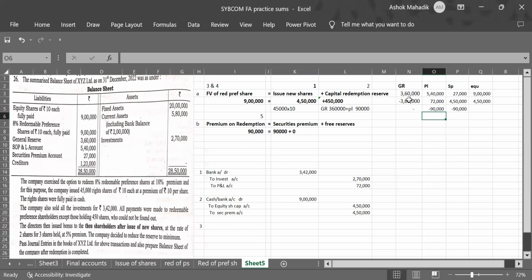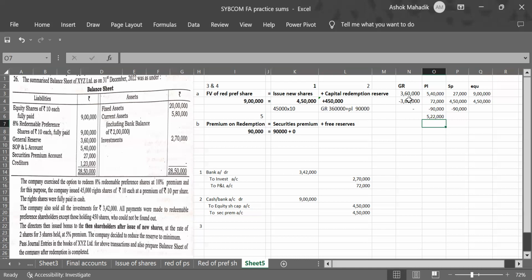As of now, let us calculate the balance. 540 plus 72,000, that was profit made on sale of investment, and minus 90,000 we used for creating CRR. So as of now, my balance in P&L is 5,22,000.